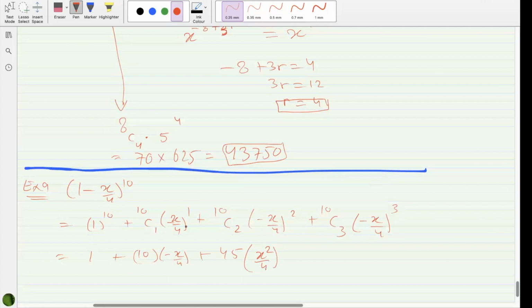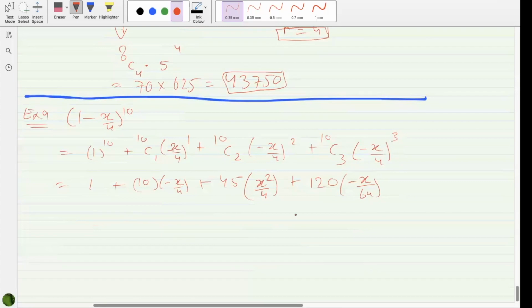Be careful with this negative sign. When the power is odd, it stays negative. When the power is even, it becomes positive. So 10c3 is 120 times negative x, and 4 cube is 64. Negative x cube. So final step: 1 plus 10 by 4, either you bring it in fraction or decimals, it is your choice, is 2.5.